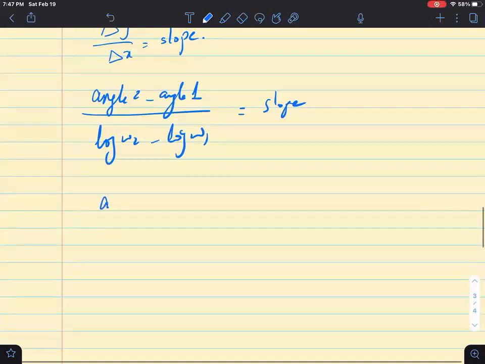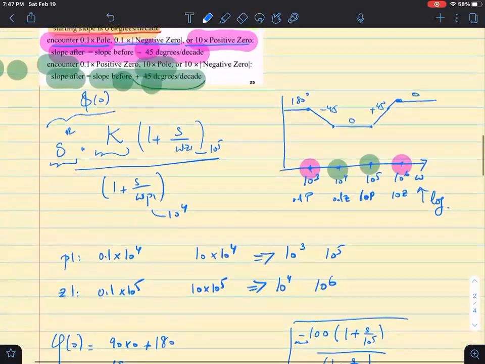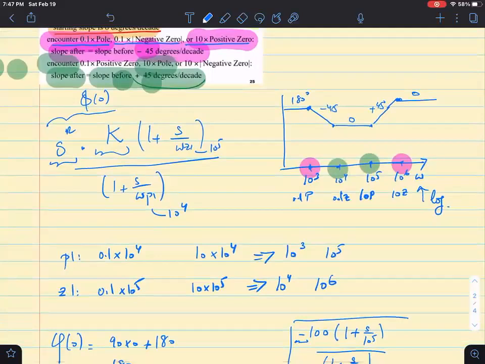From this we can find that angle 2 is equal to angle 1 plus the slope times the log of omega 2 over omega 1, since the difference of the logs of two numbers is the log of their division. So from any point to the next point, we can always find the value so long as we know the slope and we know omega 1 and omega 2.